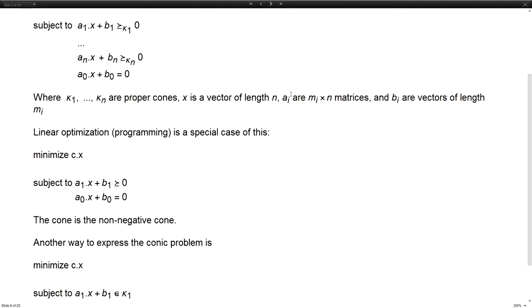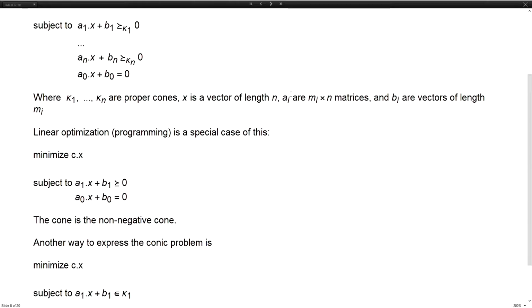There's another standard way of writing it that involves x being in the cone. Just as it's possible to write linear programming so all the variables have positivity constraints, it's a bit of a pain to do, but it is possible, and it's possible for these as well.